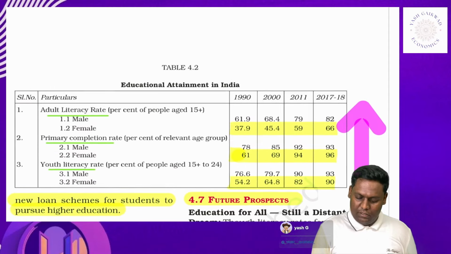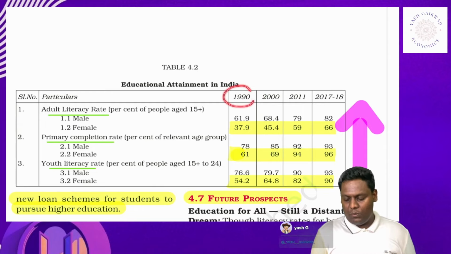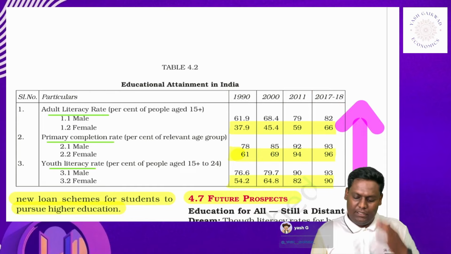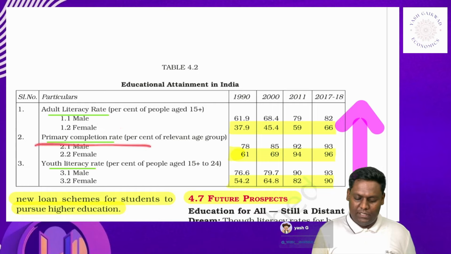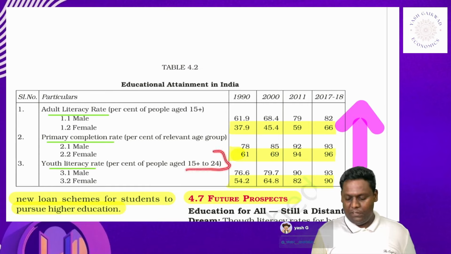This is a table that shows the overall state of education in India. Something that you'll notice is that from 2018 to 2019, the overall adult literacy rate among male and female, the primary completion rate, that is the number of students completing their primary education both male and female, and the youth literacy rate, that is the people between the age group of 15 to 24 who are literate, have improved and gone up.